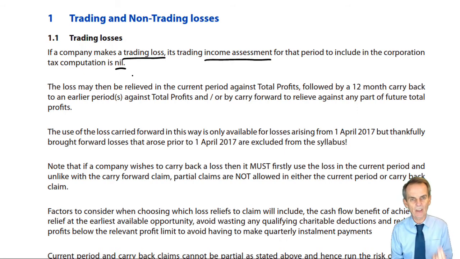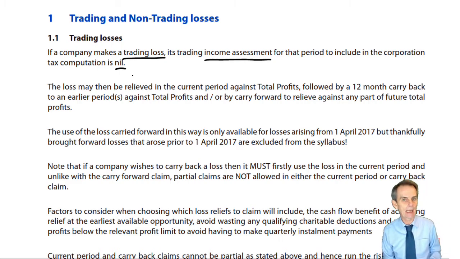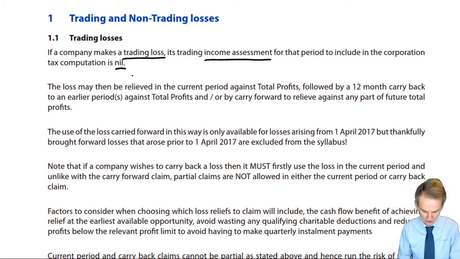What are the specific rules for the application of these losses in those specific accounting periods, whether it be current, carry back, or carry forward? And of course, when you do carry back, how far back can we carry that loss? Right, let's get the detail of that now as contained within these notes.